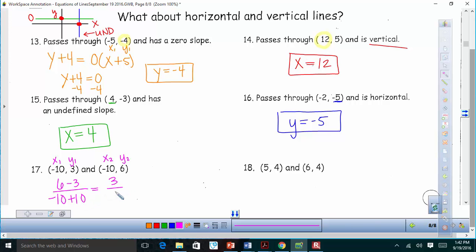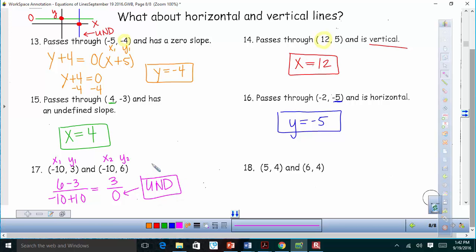Negative 10 plus 10 is 0. Would the denominator being 0 be undefined, or would it be 0? It would be undefined, because you can't have a denominator of 0.